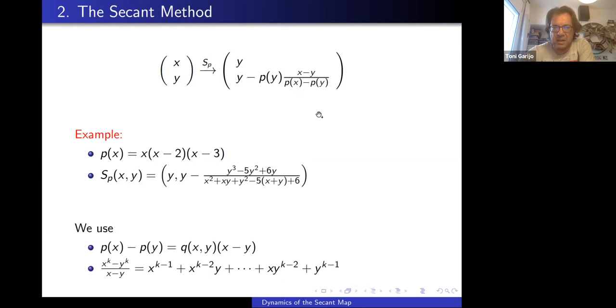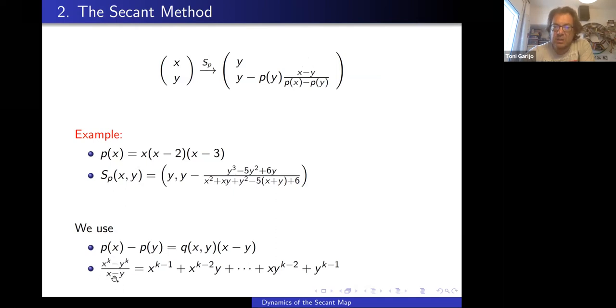We can see in this example, this is the polynomial P. This is the secant map. The first component is equal to y, and then the second one is this expression. To make (x minus y) over (p(x) minus p(y)), you need to compute expressions of the form (x to the k minus y to the k) over (x minus y).